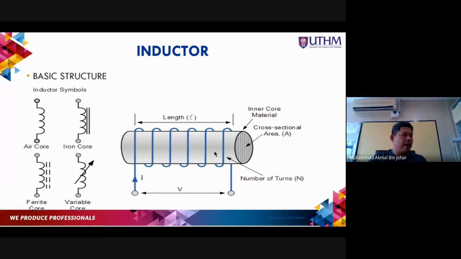We also have the current flowing through and the voltage applied across the inductor, which play a big role in determining the value of the magnetic flux produced in the inductor. Then you have the inner core material, which also plays a part. It can be air, normal air, or it can be metal to improve the value of inductance. So these are the parameters that set the value of inductors in electric circuits.